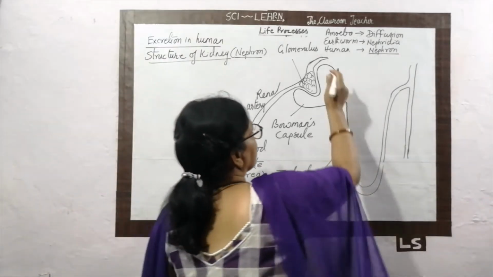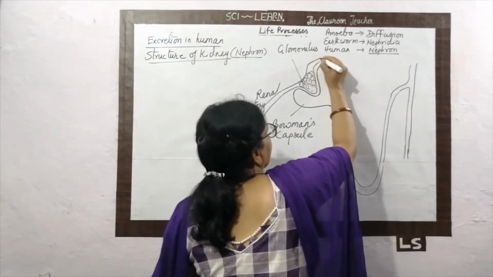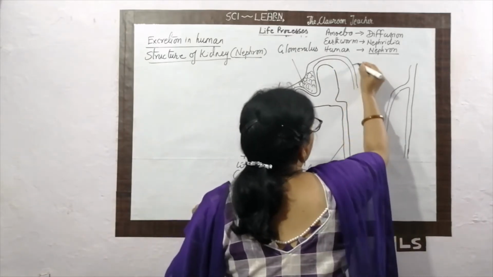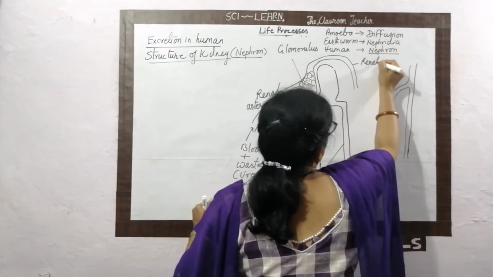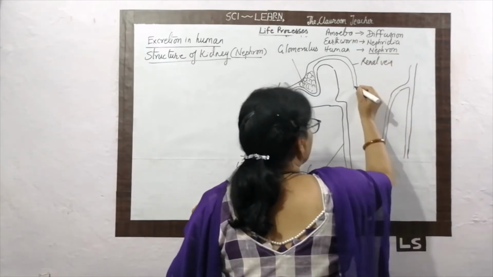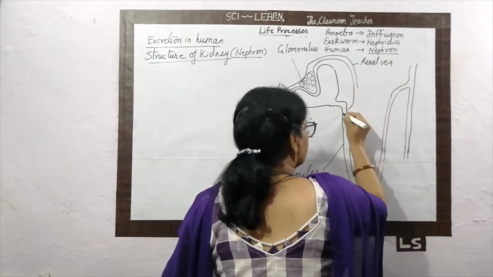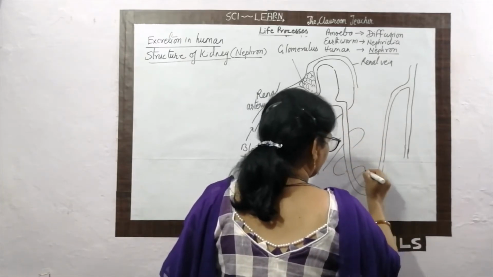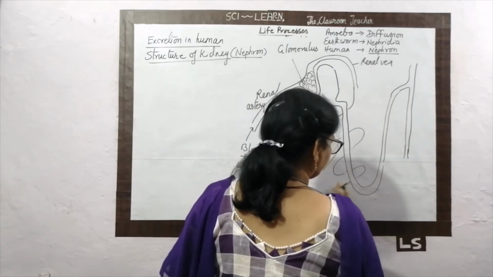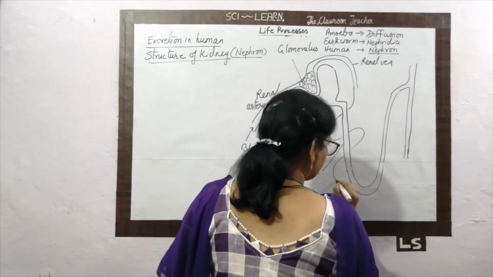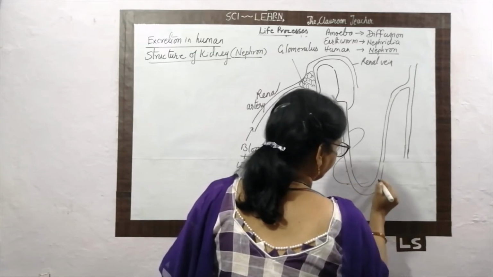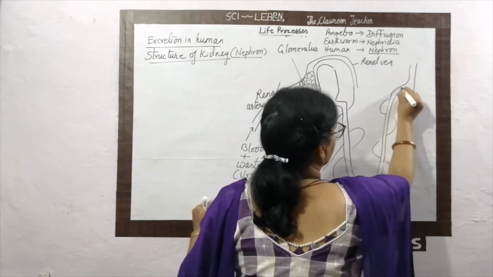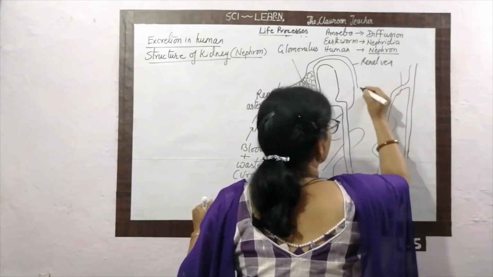The rest of the blood, this part, is the part of the renal vein. This is the renal vein, which collects over the vessels to perform their function. And what is the function?